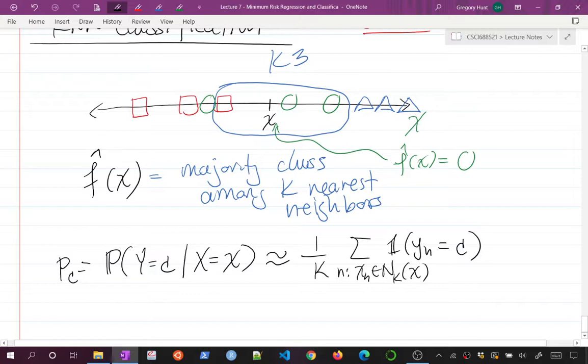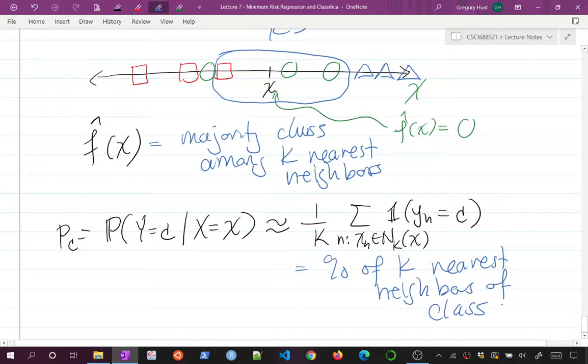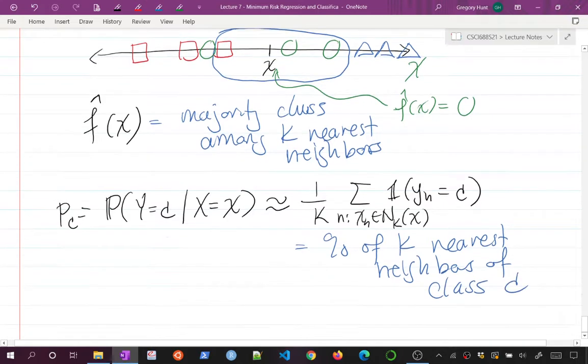So another way to interpret that is you could calculate the class probabilities, and this is the formula. This is a fancy formula for saying the percentage of k nearest neighbors of class, whatever my class little c is, class 1, class 2, whatever.